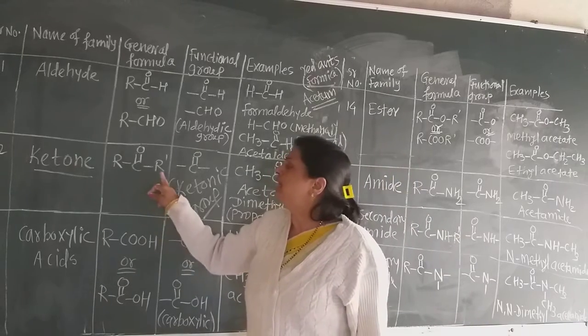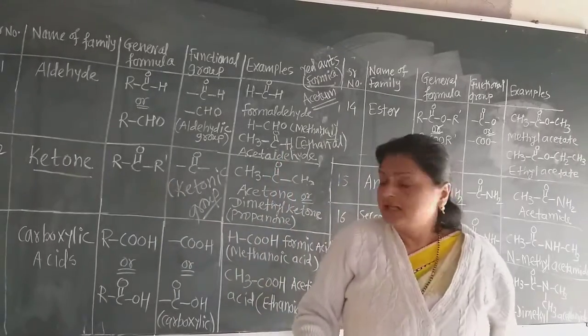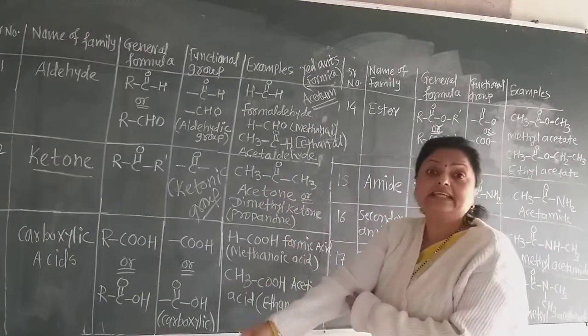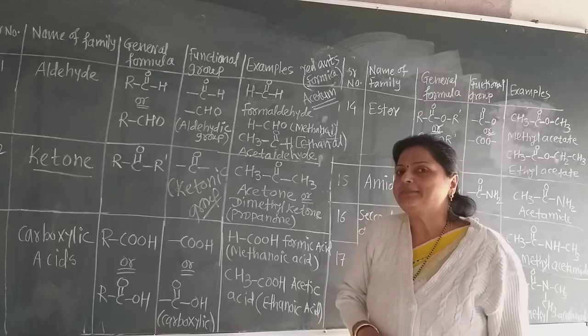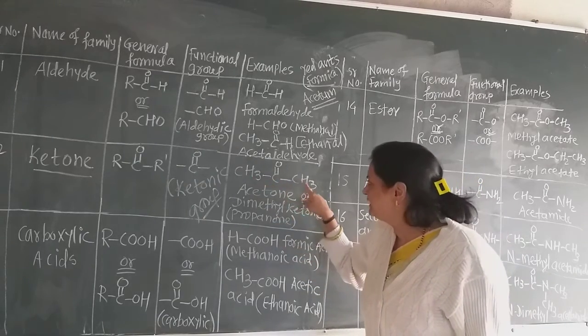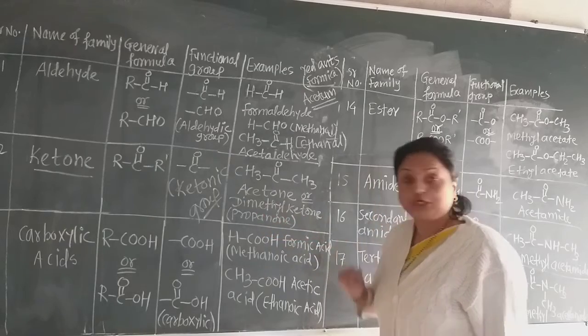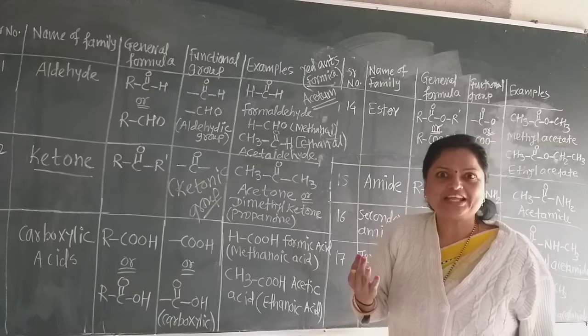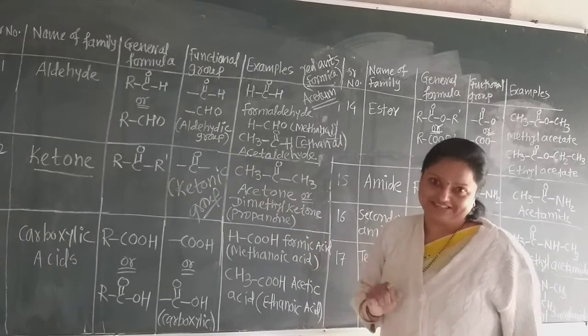If both alkyl groups are the same, as in CH3, C double bond O, CH3, the simple name from the alkyl groups is two methyl groups, so dimethyl ketone. But commercially it is familiar by the name acetone.